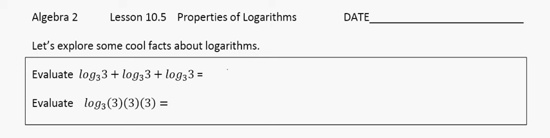The first thing we have to do is figure out what log base 3 of 3 is. Based on our introductory lesson on logarithms, we set this equal to x, and then we use our flip technique to turn this back into an exponential function.